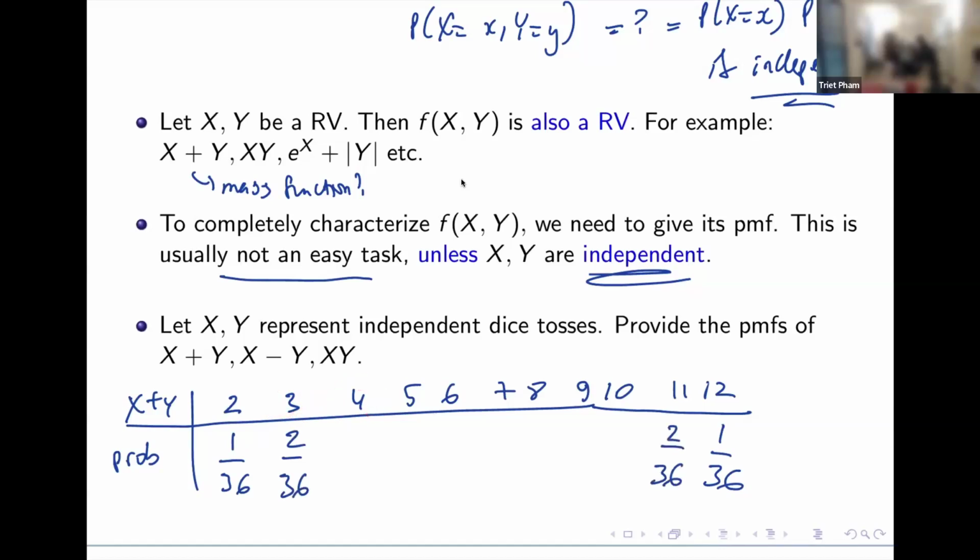What are 4 and 10? That's 3 over 36. Then 5 and 9, fair guess, is it 4 over 36?